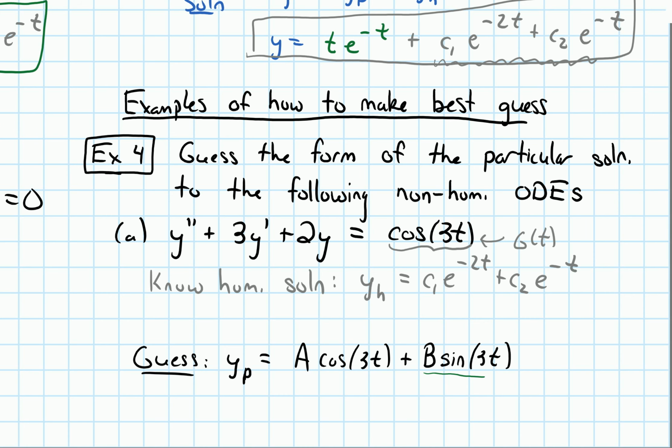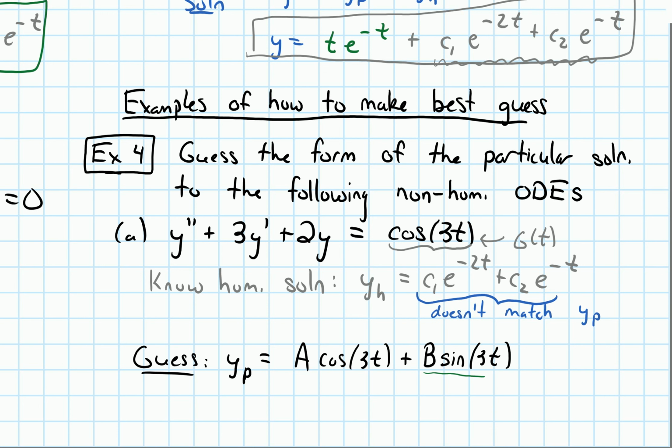All right. So notice that when we look at the homogeneous general solution, it doesn't match yp at all. It doesn't match what our guess is at all.